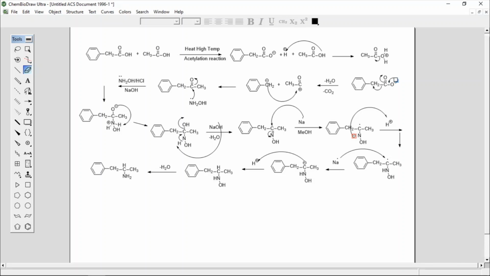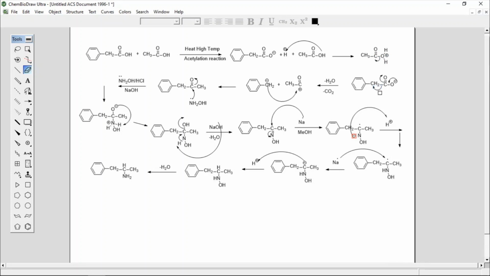So this bond will shift, this negative charge will shift here, this bond will shift here, and this bond will break between this carbonyl group and CH2, and there is simply a loss of carbonyl group. Same here, the breaking of this bond takes place between carbonyl group and oxygen, and there is simply the loss of a water molecule and generation of acylium ion.